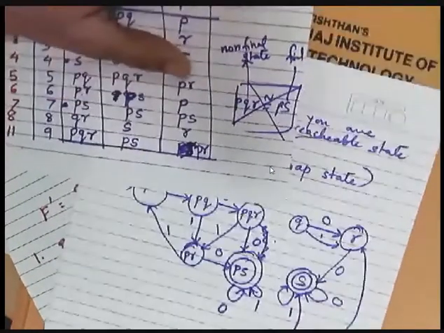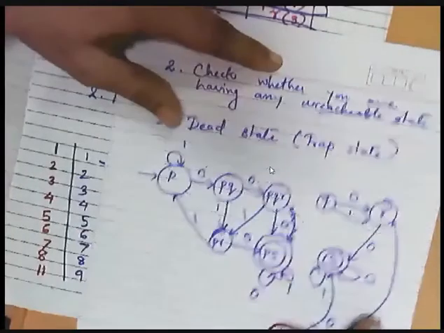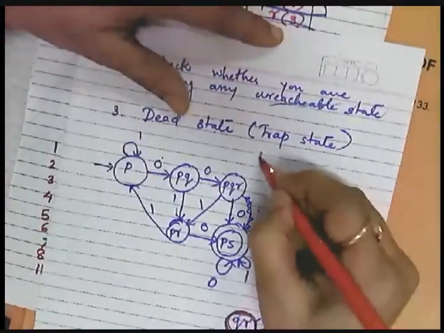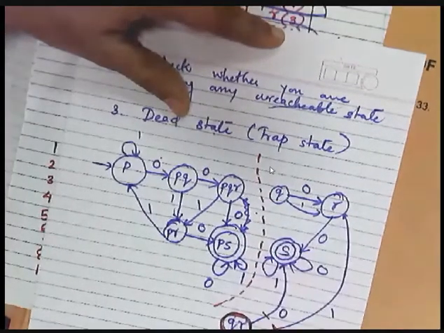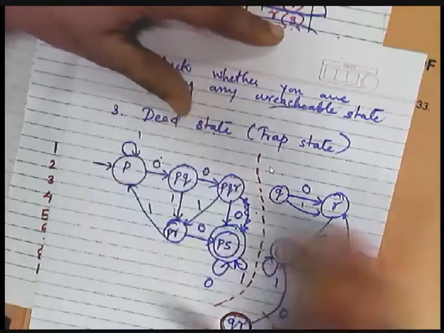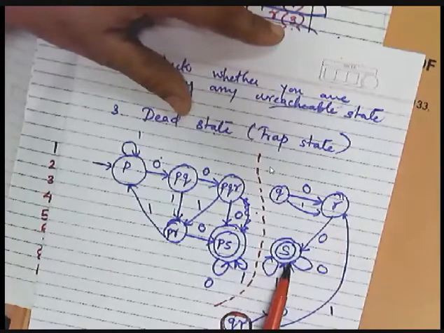This is one thing. What are the other things? If you observe this diagram, you can see clearly there is a kind of network break. There is no connection between this part and this part. You are not reachable to Q, R and S from the initial state.